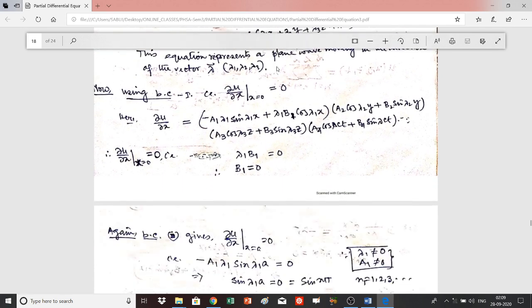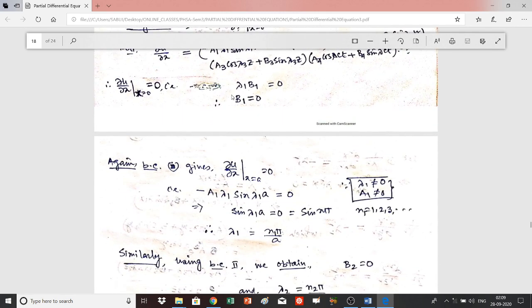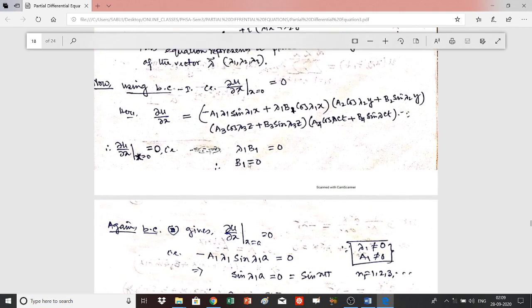Then another boundary condition is here: del u del x at x equal to a is also 0. So just write in this expression x is equal to a. If you do that, minus a1 lambda 1 sine lambda 1 a. Okay, and since b1 is equal to 0, this term will not be there, and all these terms are constant.